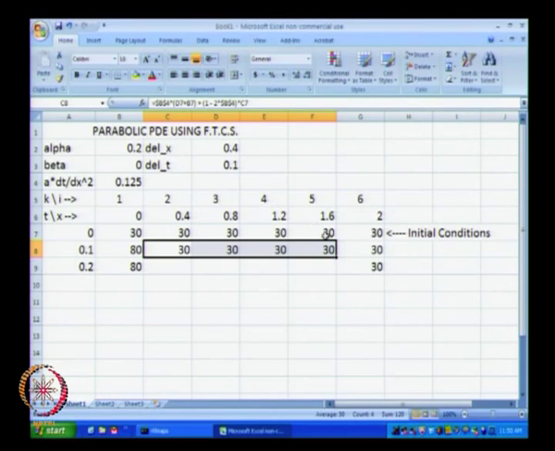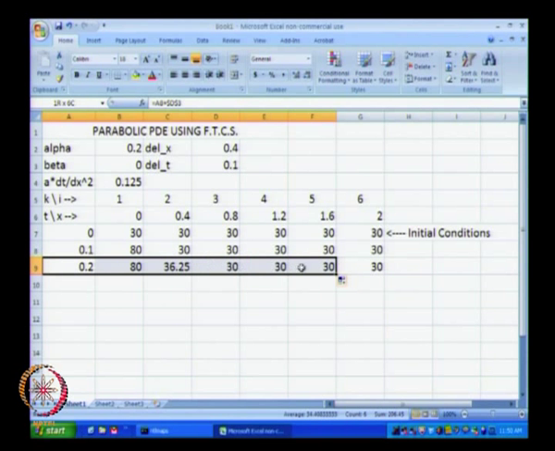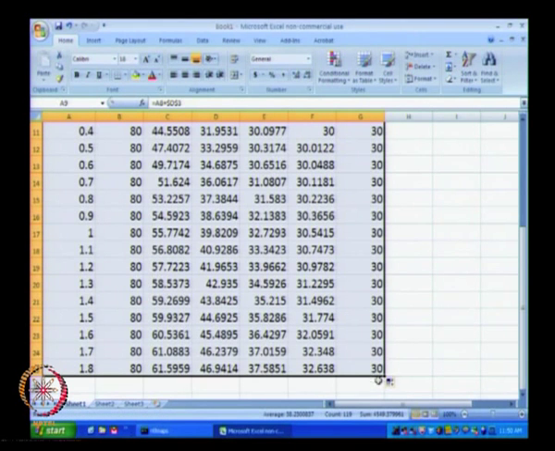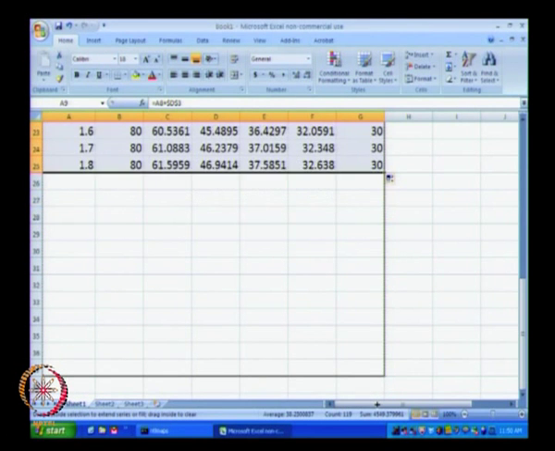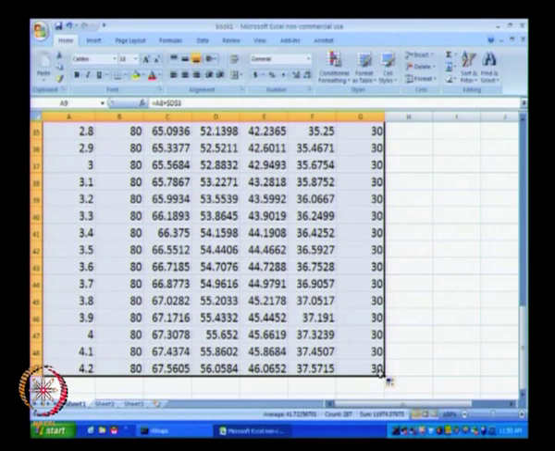Okay, and this one I will just drag downwards, and that is going to be the temperature that we get at the time 0.2, and we just drag it at several locations. Okay, and we go up to say time t equal to 5 or something like that.